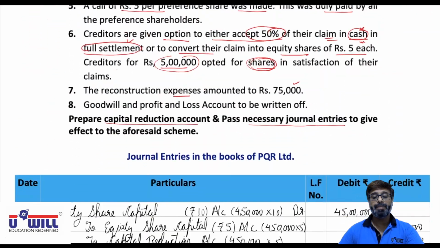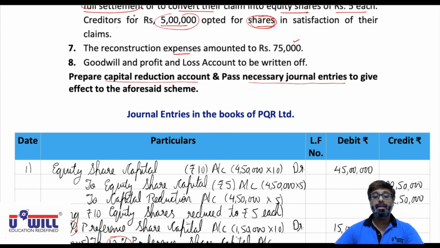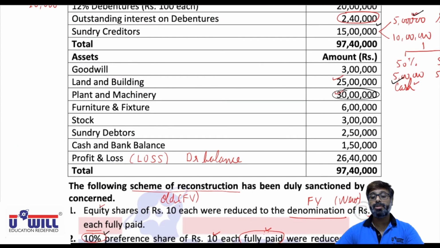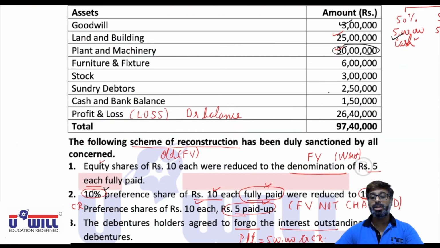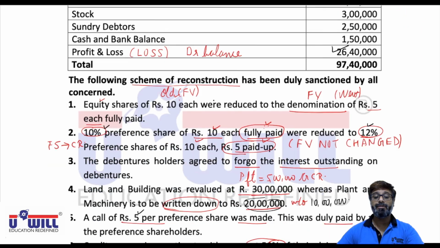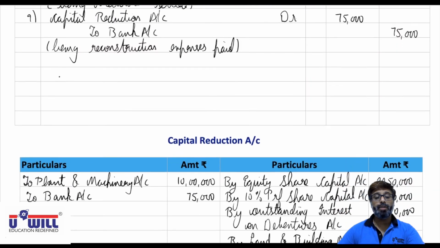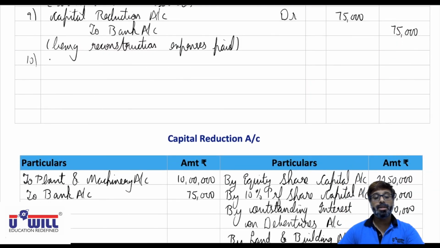Now the last one: goodwill and profit and loss account are to be written off. So goodwill is how much? 3 lakhs, and profit and loss account is 26 lakh 40,000. For writing off goodwill and profit and loss account, capital reduction account debit. For writing off the assets and losses we are utilizing capital reduction.